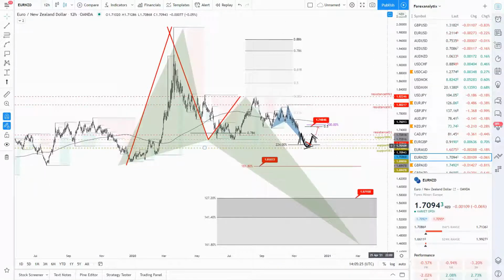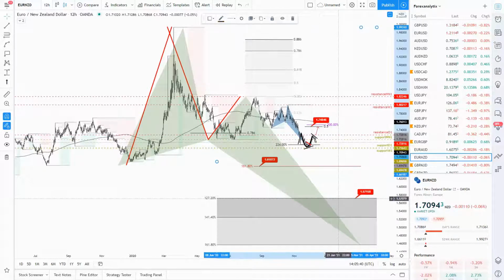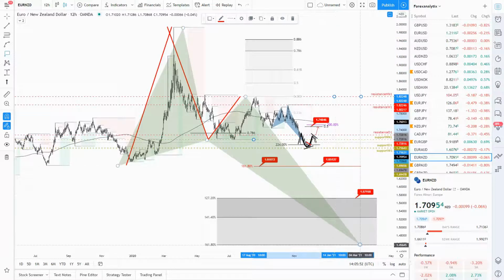If Euro versus the New Zealand dollar decides to break below this weekly and daily support, we will see the price approaching those levels, initially the 165.07 and then later eventually the 157.15 and ultimately 145.77. But one step after another, and eventually the market will search for all of them.